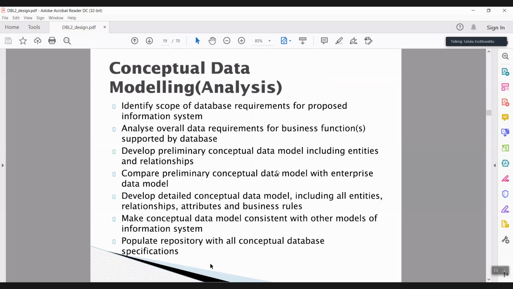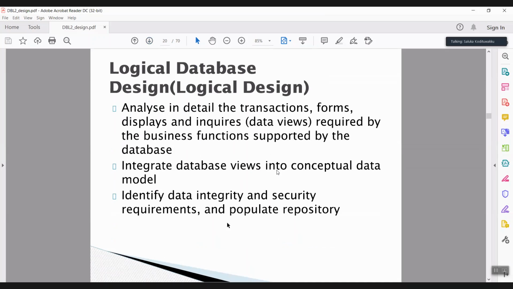Finally we go for a conceptual database specification, that is, the logic or structure of the database which can readily be transferred to electronic media. Here we have to concentrate on the operations to be performed, which we call transactions, and how to display data based on the queries. Those things are considered in designing the logic or structure of the database.